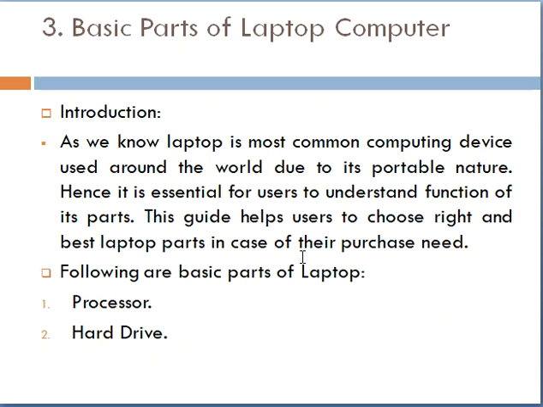The basic part of a laptop is the processor. The hardware and peripherals are the same, but the design and classification change in a laptop. So the following are the basic parts of the laptop.